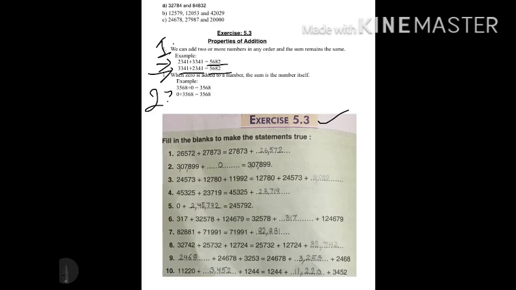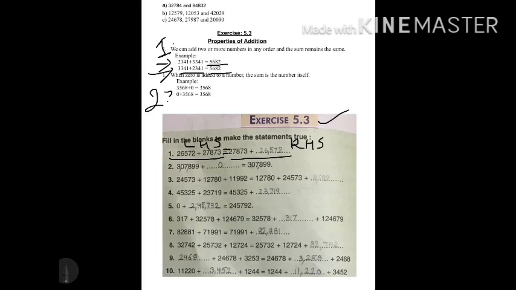Now there is an equal to sign. Can you see that equal to sign? Whenever we put an equal to sign, what do we mean by that? We are saying that the left hand side number, LHS, is equal to the right hand side number, RHS.